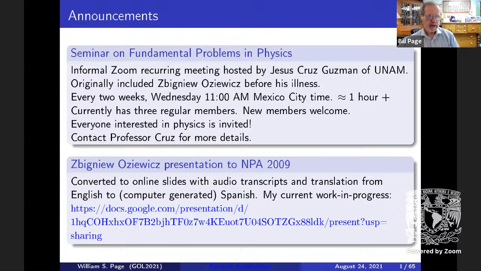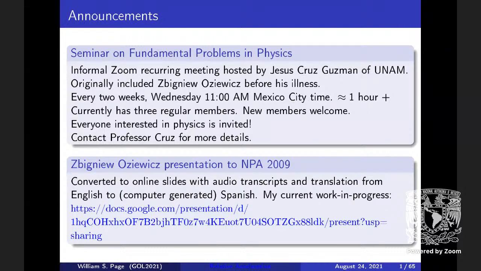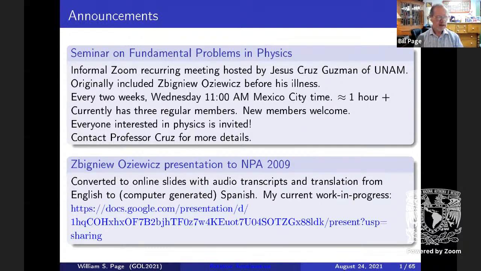So I wanted to make a couple of announcements before the talk. The first one is I wanted to mention that we do have an ongoing Zoom-based seminar, which is being hosted by Professor Cruz. It actually started during the early part of the pandemic, as I understand it, as a means for Zbigniew and Jesus to continue discussions on physics.